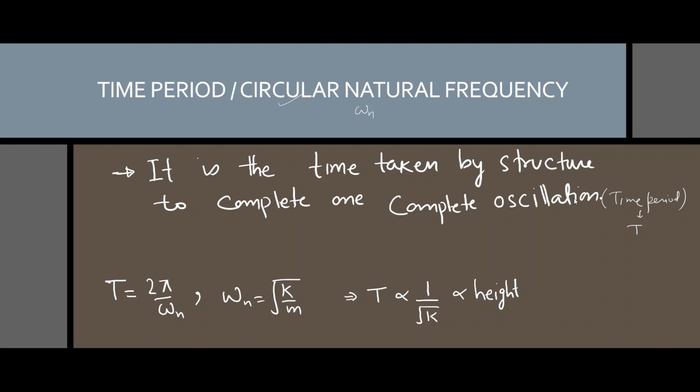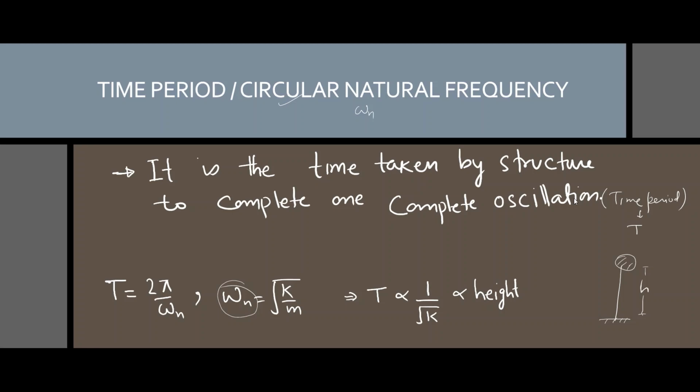So omega n, that is the natural frequency, is the square root of k by m, where k is the stiffness of the structure or single degree of freedom system, and m is the mass of the single degree of freedom system. So basically, if there is any single degree of freedom system and we want to find its stiffness, it has some height, so the stiffness is related to the height.